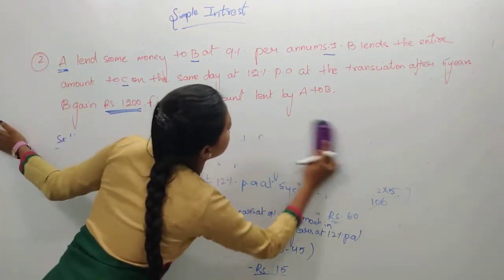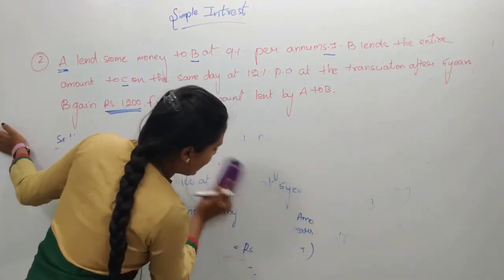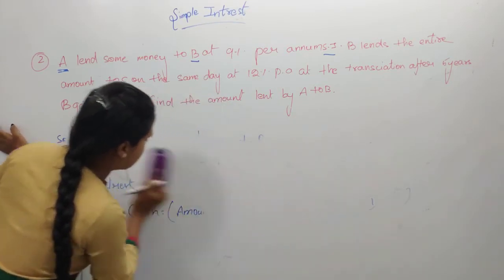First we have to solve the problem by taking rupees 15 as the gain.